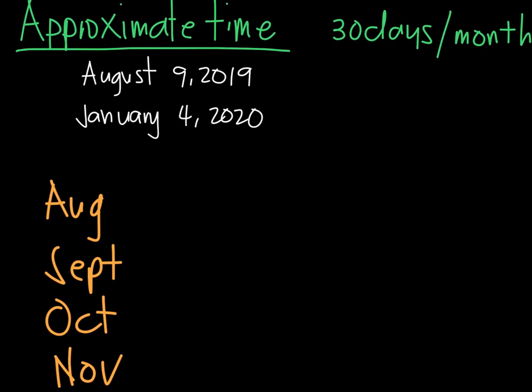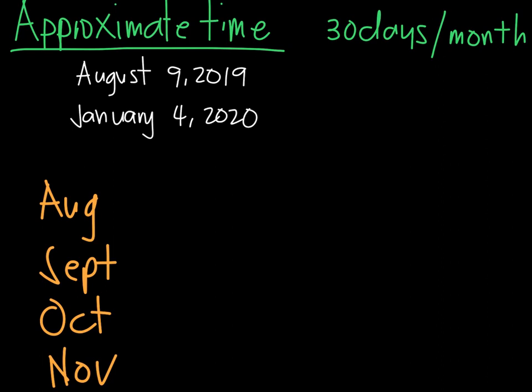For August, since the loan was made on August 9, even if the calendar has 31 days for August, we use 30 days minus 9 days from August 1 to 9, and you have 21 remaining days for August.